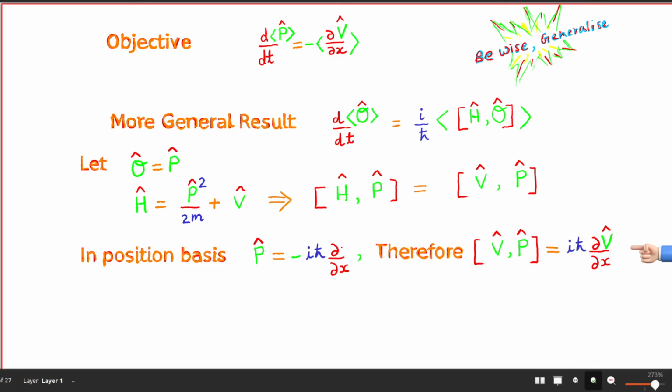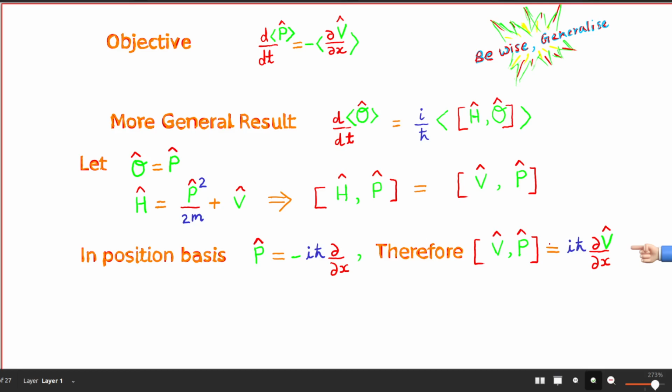And I'll leave it as a simple exercise to show that the commutator of the potential operator with the momentum operator is nothing but i h bar times the spatial partial derivative of the potential operator.